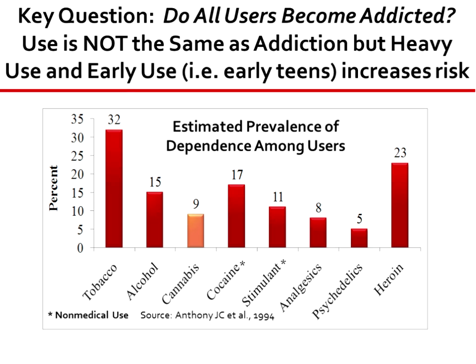So using alcohol or nicotine early in development is also associated with an increased risk of developing addiction for other illicit drugs. And you can see here that there's a big range of risk for addiction, with tobacco being one of the most highly addictive substances, and psychedelics and cannabis and analgesics coming in at about 5 to 10%.